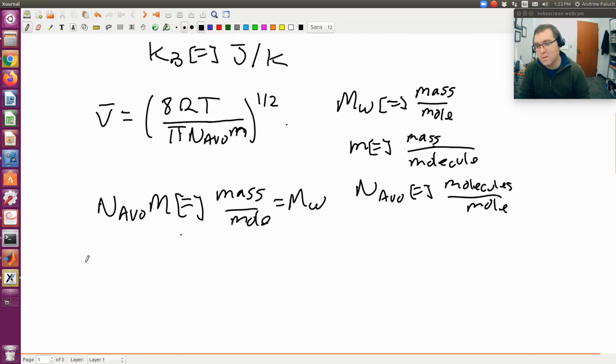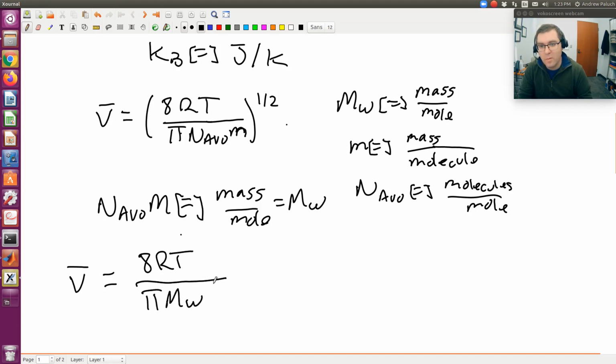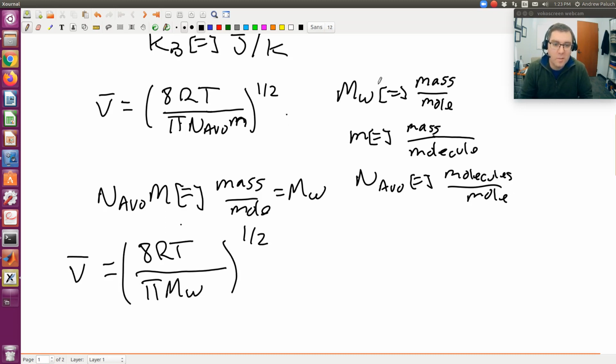Okay. So as I simplify this, I'm going to rewrite this as v bar is equal to 8RT divided by pi times my molecular weight, raised to the 1/2. And as I do this, I'll just need to keep track of units. Normally we think of molecular weight as grams per mole.